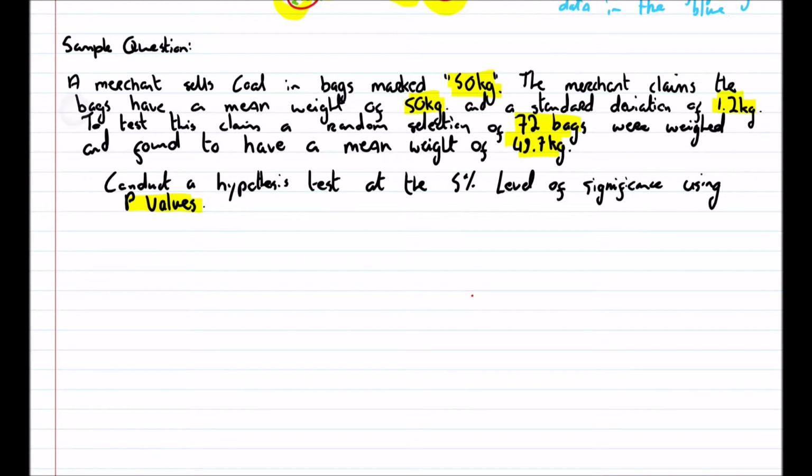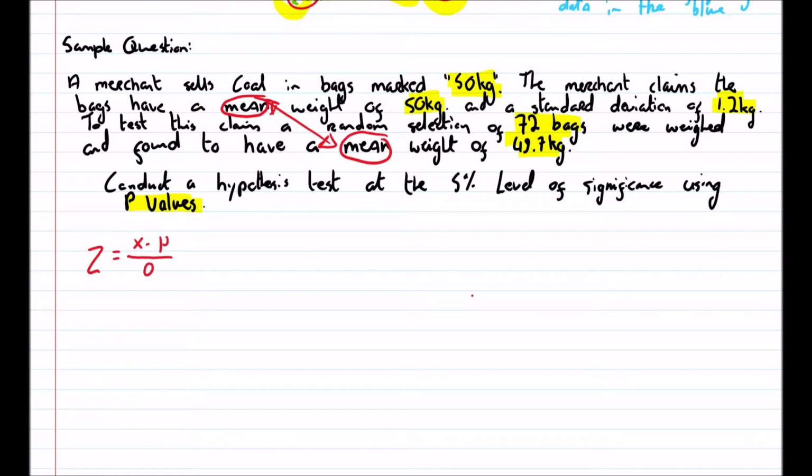The merchant claims that the bag has a mean weight of that, and we take a few samples and we have a mean weight of this. So we're comparing 2 means. Okay, the mean that he claims, the mean that we find out, or that the test says. Right. So if we're doing that, we're going to be getting this type of z-score.